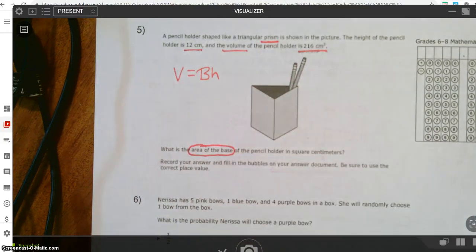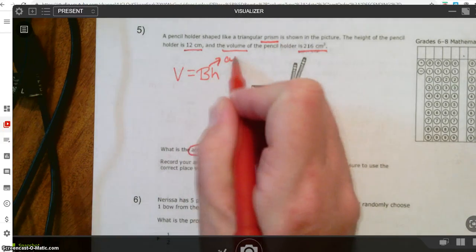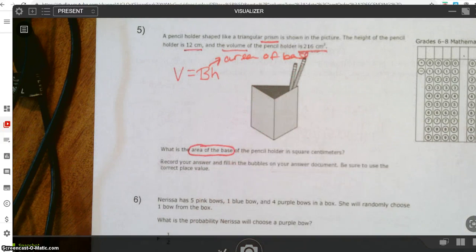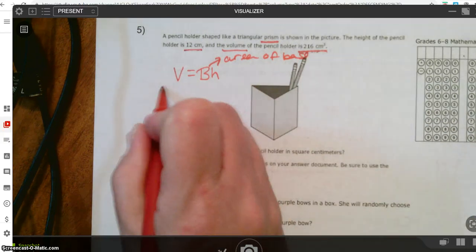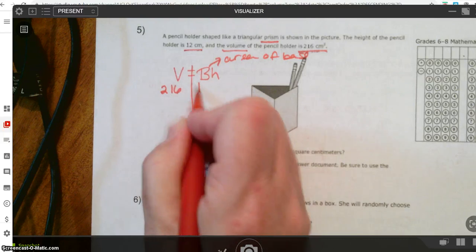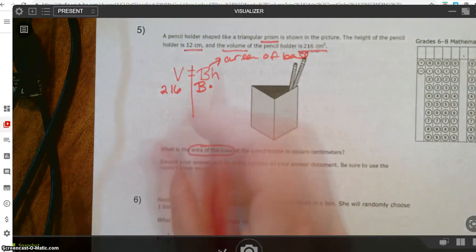Remember, B means area. So I need to solve for that. Area of base. Okay? We know the volume is 216. And we don't know big B, but we do know the height is 12.